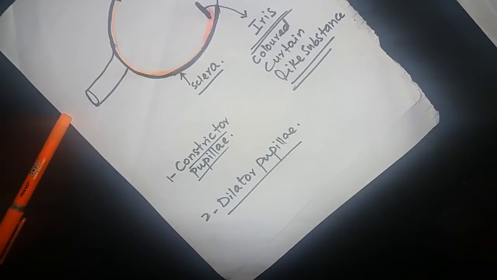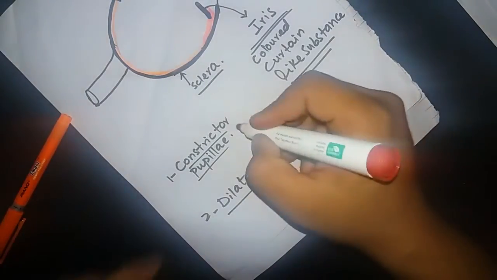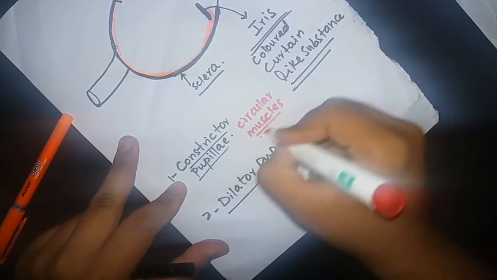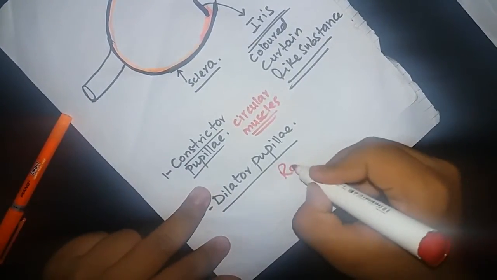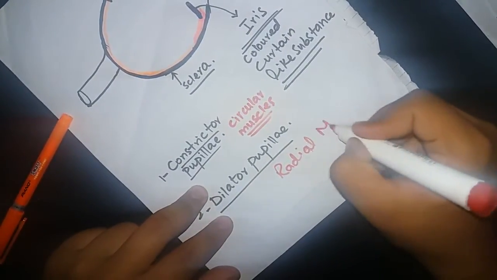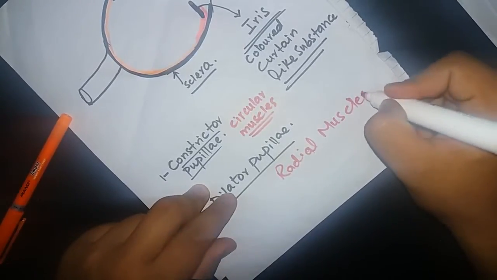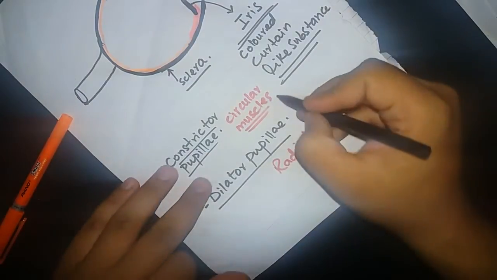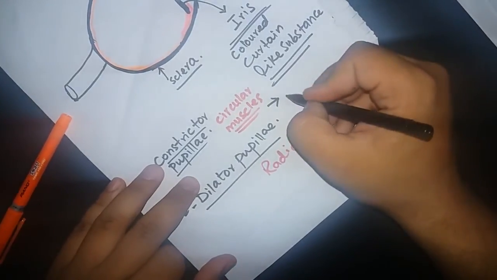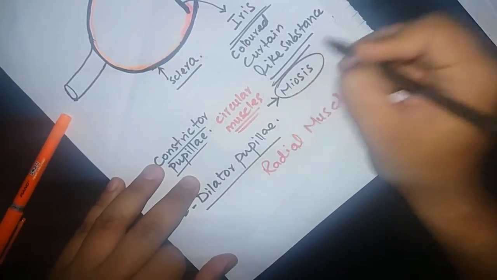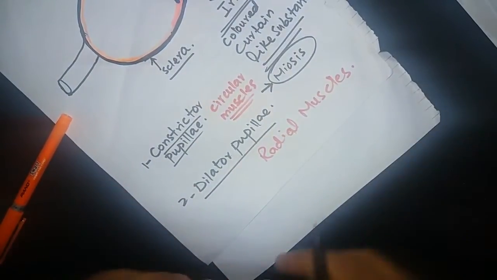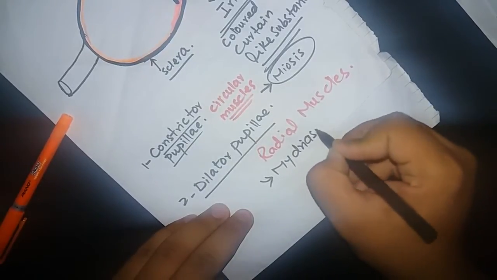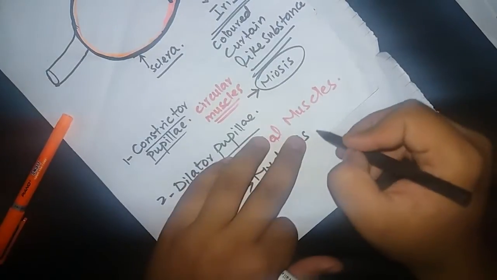The constrictor pupillae contains circular muscles, and the dilator pupillae contains radial muscles. Now if the circular muscles contract, it will result in miosis or constriction of the pupil. When the radial muscles contract, it will result in mydriasis or dilation of the pupil.